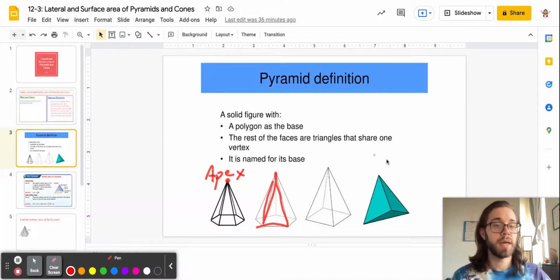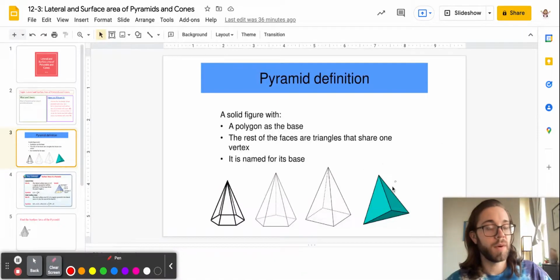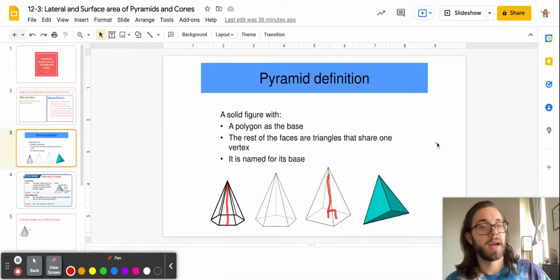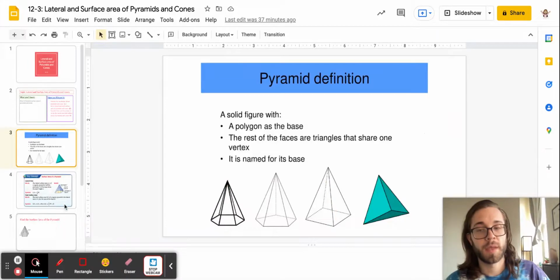And because they're triangles, and you know to find the area of a triangle, it's 1/2 base times height, we're going to need this thing called the slant height. So instead of finding the perpendicular line like before, we actually need kind of the diagonal height, the height of the triangles. And we're going to call it the slant height.